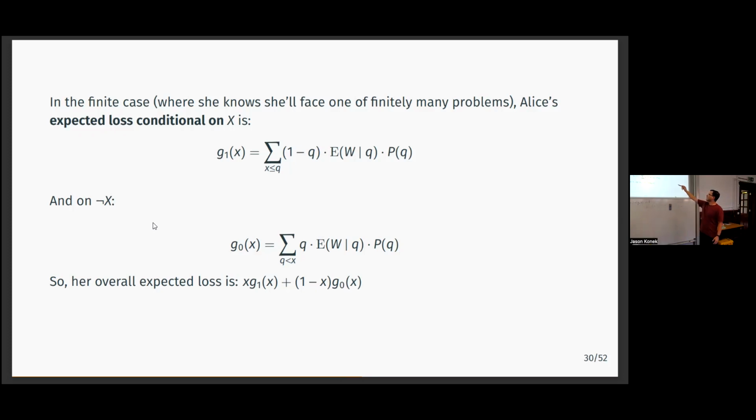Well, I would expect that for any Q problem, if I was on the wrong side and it turned out true, I would lose 1 minus Q for that Q value times the expected value of the stakes, given that I'm at that Q cutoff point.